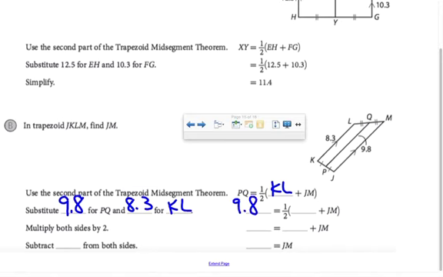So 9.8 equals 1/2 times 8.3 plus JM. If I multiply both sides by 2 to get rid of that fraction, I have 19.6 equals 8.3 plus JM. And when I subtract the 8.3 from both sides, I get 11.3.